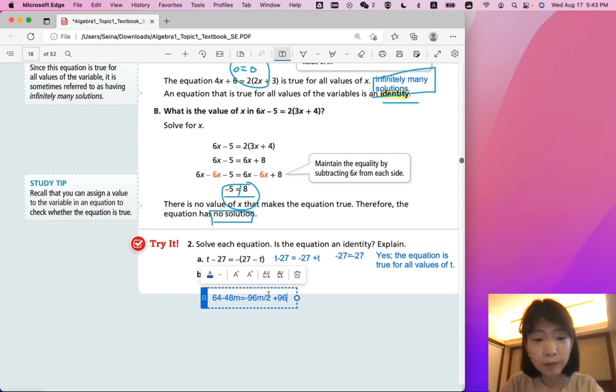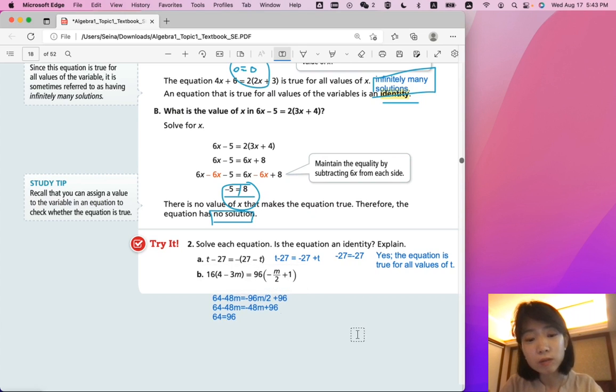Okay, so then that's going to become 64 minus 48m is equal to negative 48m plus 96. And then you get rid of the m's. If you add 48m on both sides, you get 0m, and you get 64 is equal to 96.